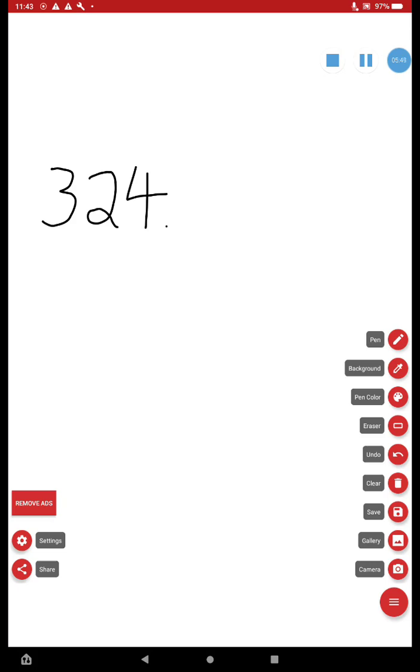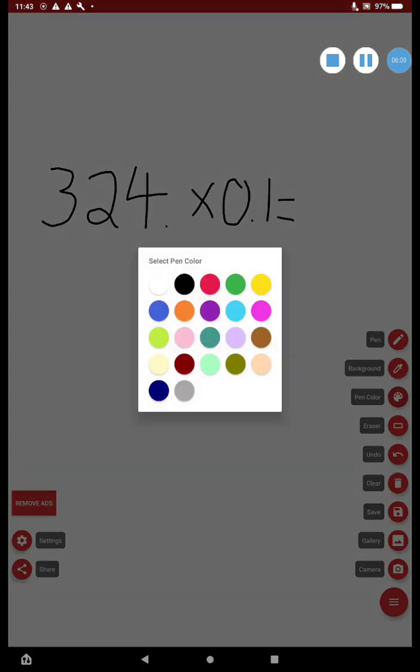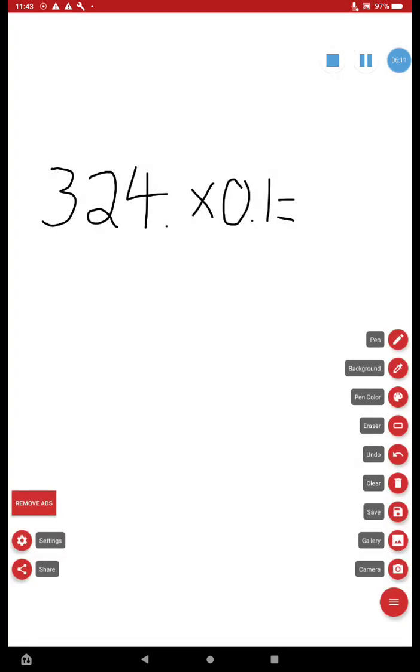Well, if she's saving 1/10, okay, multiply by 0 and 1/10. Let's figure out how much money she's going to save if she's saving 1/10 of her money. Well, what's 324 times 1? Very good, it's still 324, isn't it?